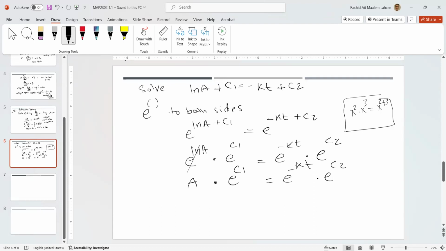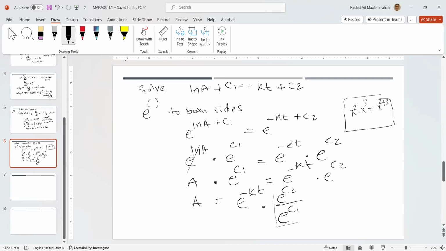So because I'm interested in a, I will divide by this constant, and I will get e to negative kt here times e to c2 divided by e to c1.